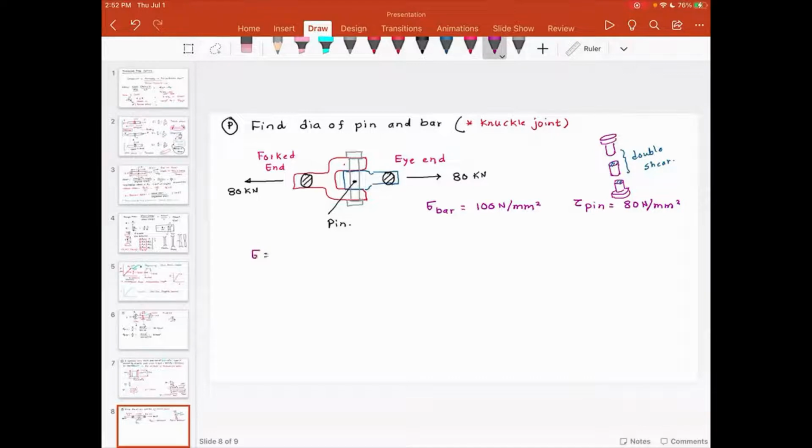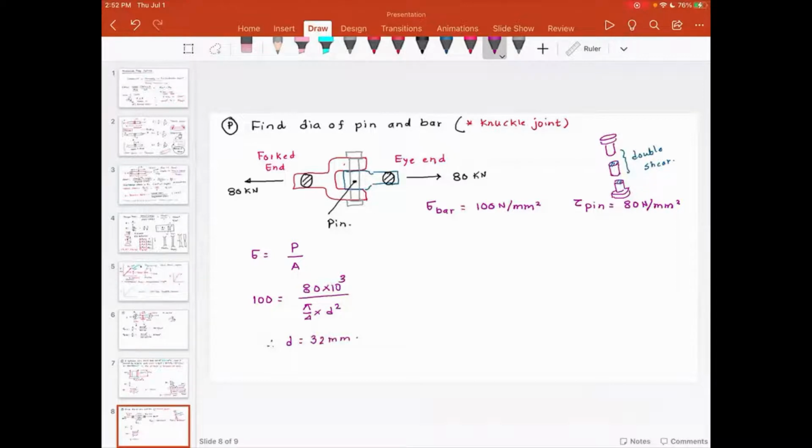So sigma is equal to P divided by A. Sigma is 100, P is 80 times 10 to the power 3, divided by pi by 4 multiplied by d square. And once you solve this, you're going to get diameter is equal to 32 millimeter.